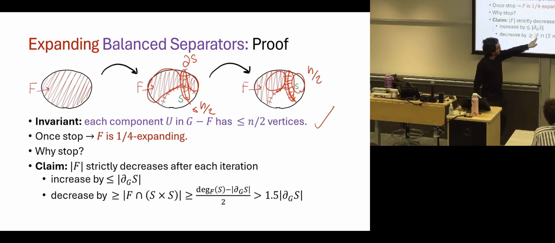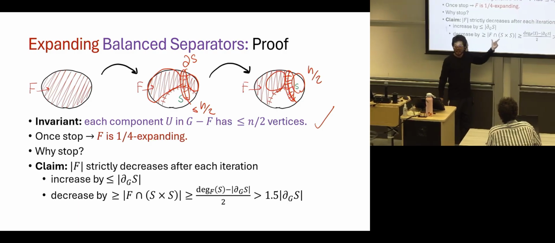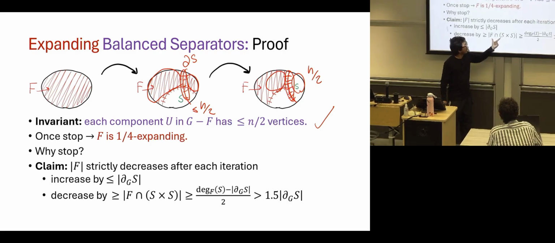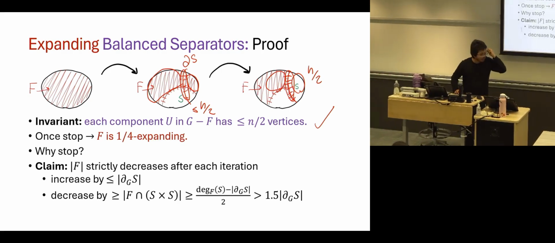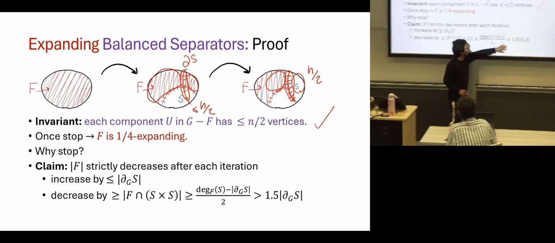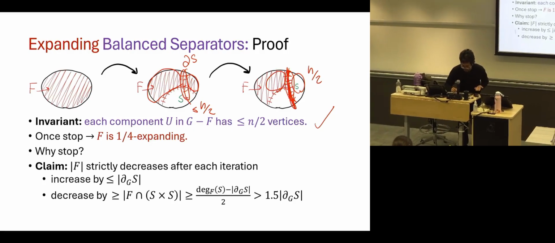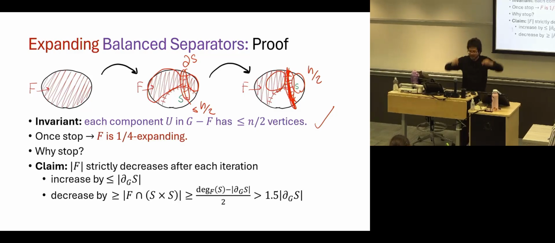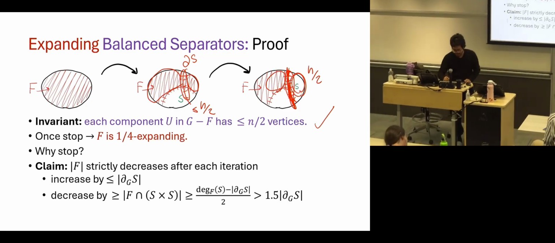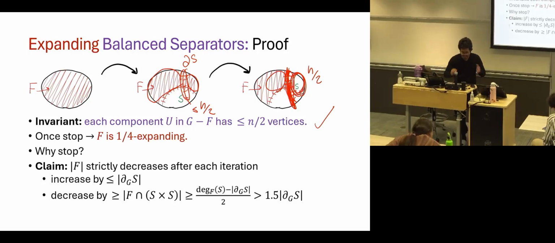I'm going to remove edges inside F. It doesn't really matter, you can check this, but the point is that this is sparse with respect to F. So compared to the boundary, you remove much more. The boundary is small compared to the F edges inside. That's it. So you remove more than you add.